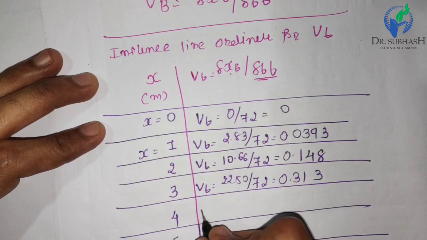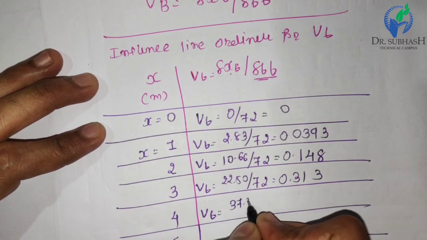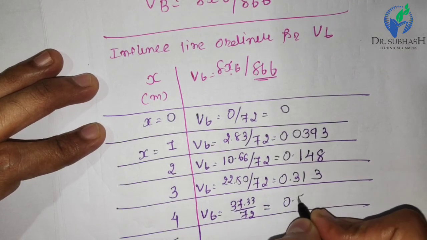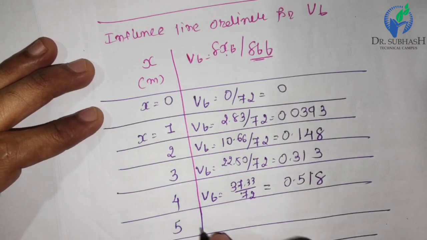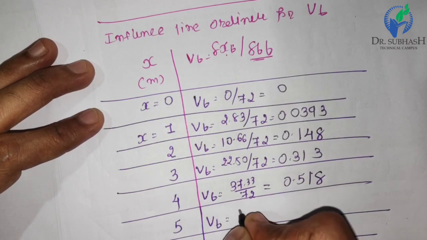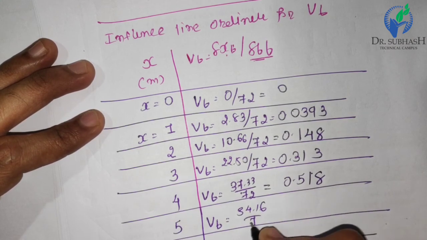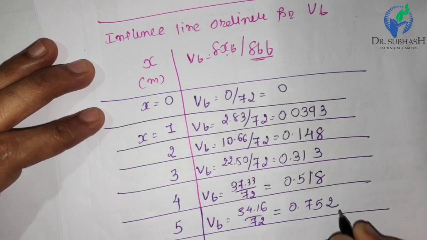Then delta 4, your answer is 37.33 divided by 72. Then our answer of ordinates of VB 158. The next at delta 5, our answer of delta 5 is 54.16 divided by 72. It means our ordinates is 0.752.